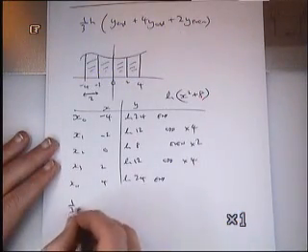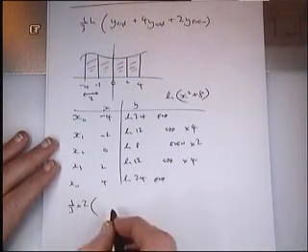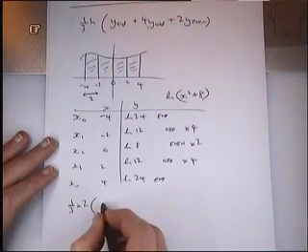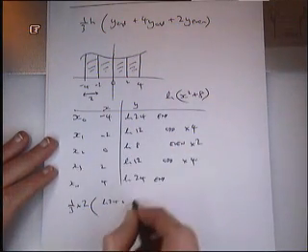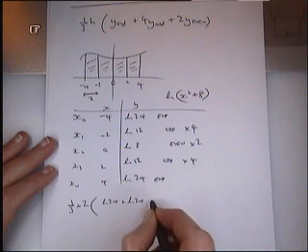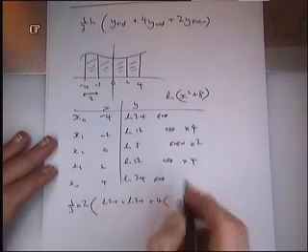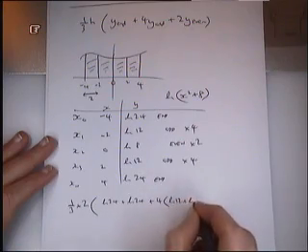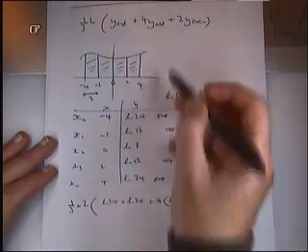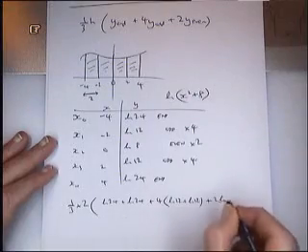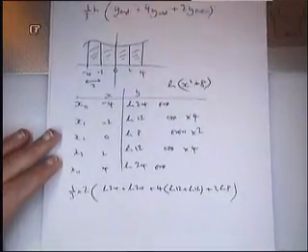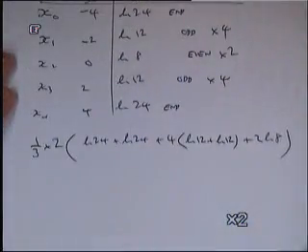It's 1/3 of h, the ends, so that's log of 24 and log of 24. Then it's 4 times by the odd ones, which are log 12 and log 12. And twice the even ones, which is log 8.